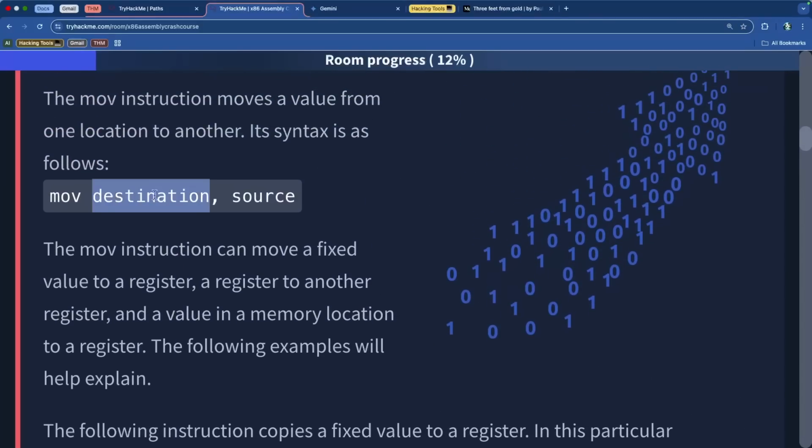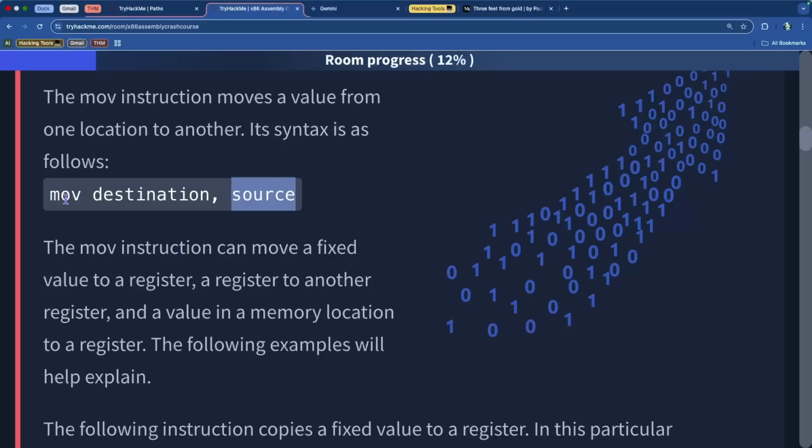And it kind of doesn't make sense, because usually when you do it in the command line, without the comma, you would use the source first, and then you use the destination. I think I explained that incorrectly the first time, but in operands and general instructions, you can see that you have the destination first. So you're going to say move to this place, comma, this thing.